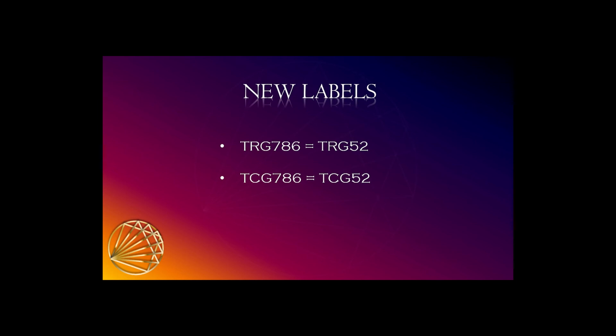Now that we have the angles, and now that we know we like the 52-degree angle, rather than looking for TRG 786 or TCG 786, we're now going to call them TRG 52 or TCG 52. Or if you want to make it really simple and not define whether it's reversal or continuation, just call it a bullish or bearish 52. It's going to be that simple.